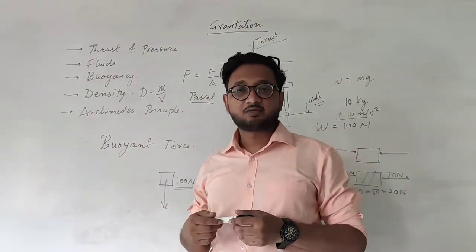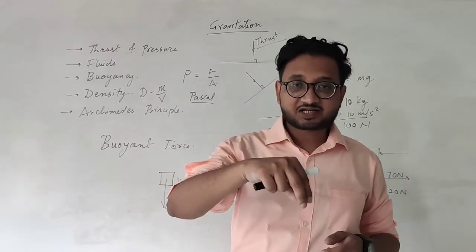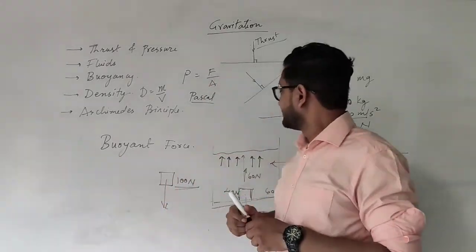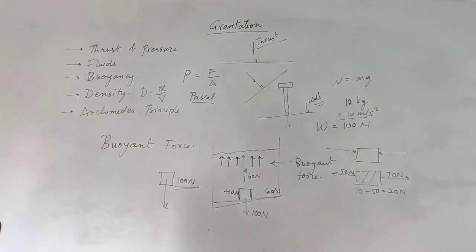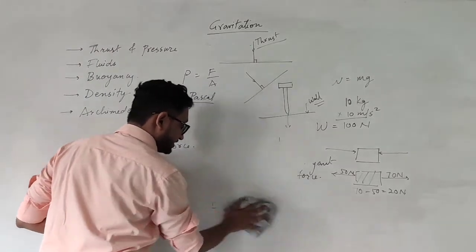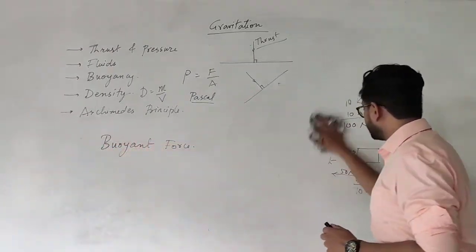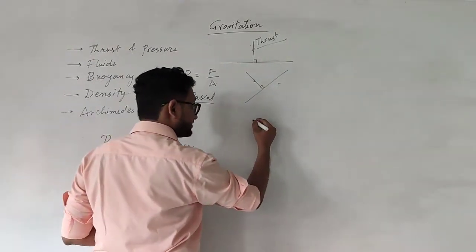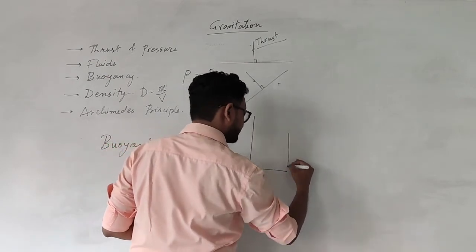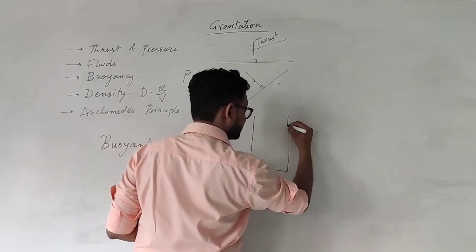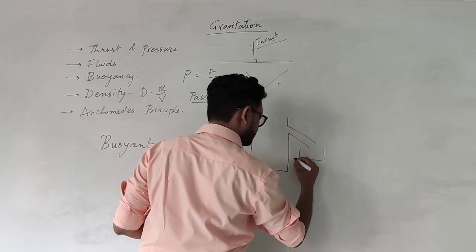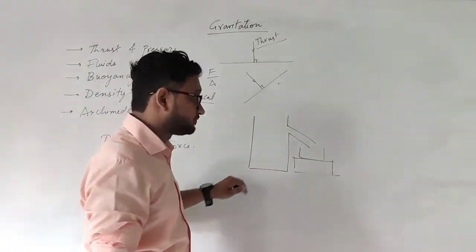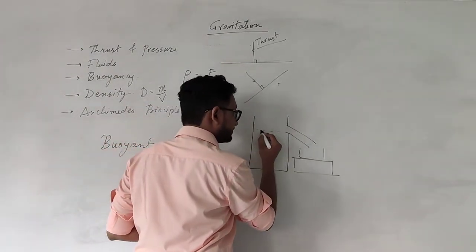Why did this happen? Because whenever you place an object inside a fluid, that fluid gets displaced. Imagine I am taking a container, and on the other side I am using a weighing machine. This container is completely filled with water up to here.